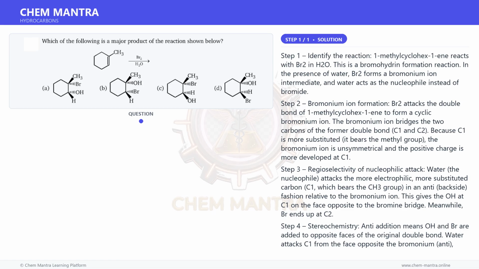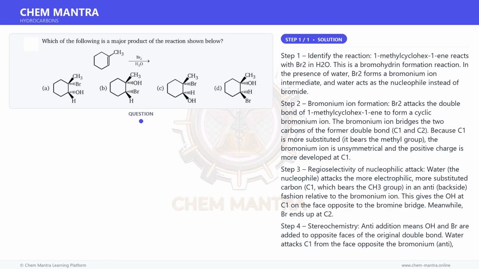Step 5. Product structure. The major product has C1, CH3, wedge, and OH, wedge, both on the same face because water attacked C1 anti to the bromine bridge, placing OH on the same side as CH3 if CH3 is already on that face, resulting in CH3 and OH both on wedge at C1.